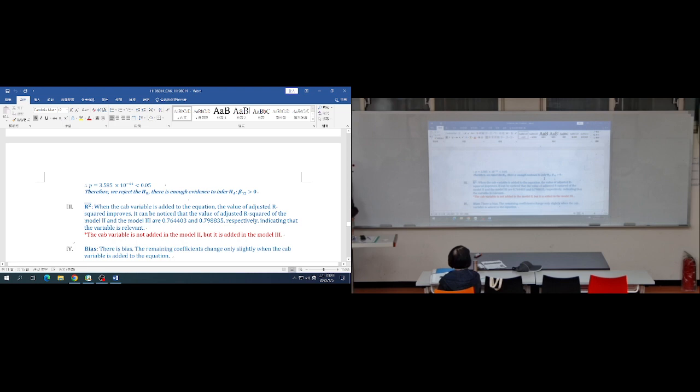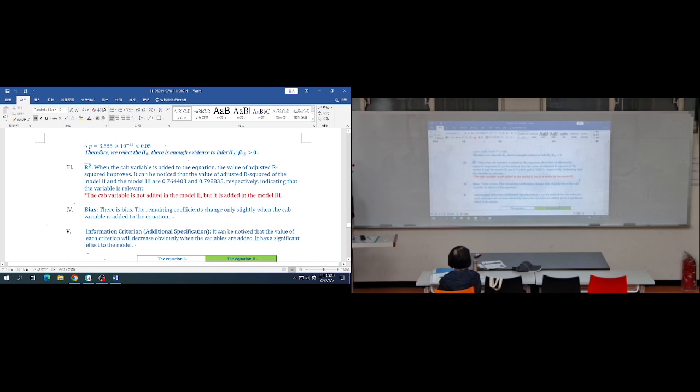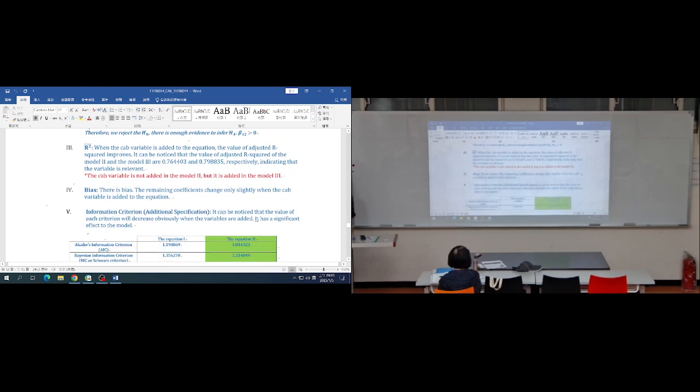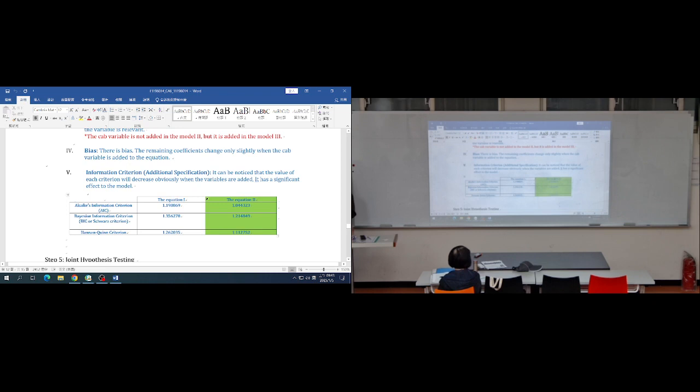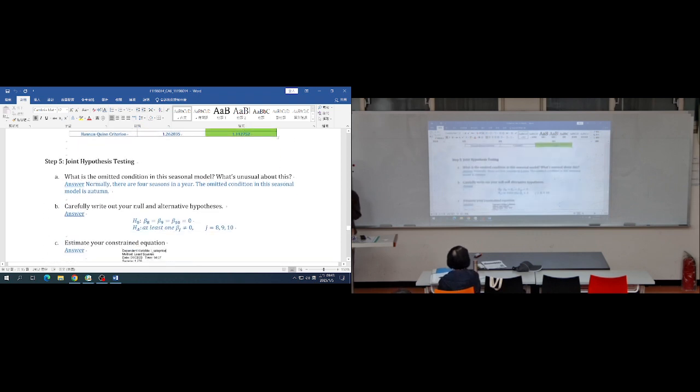So I think the variable is relevant. The first one, there is bias. And I added this because I think it can specify this equation.